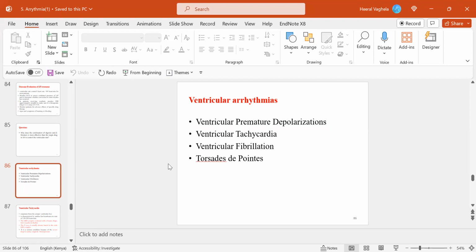Medication that you give is atropine, dopamine, epinephrine. The second one was AV nodal block, where we saw first, second, and third degree blocks. Again, it was the same treatment as sinus bradycardia, giving dopamine, and for hemodynamically unstable patients, you give atropine and epinephrine.